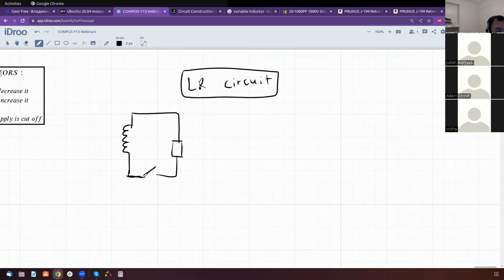The switch is kind of a big deal here because without the switch, it won't really work. And so this is the resistor, this is the inductor. Apologies, there's a battery here. There's the EMF.